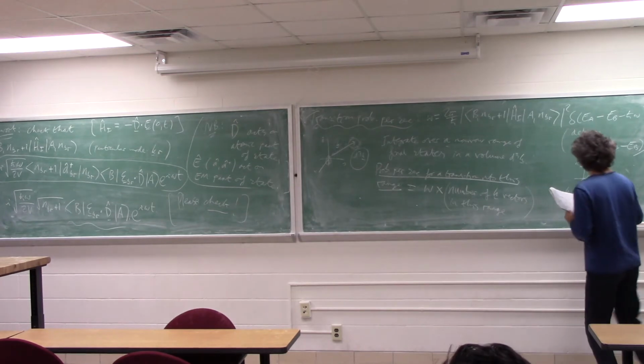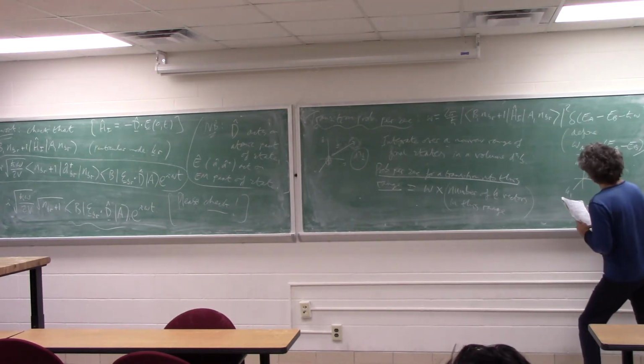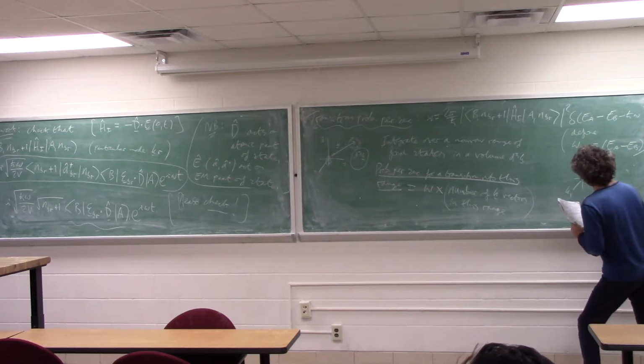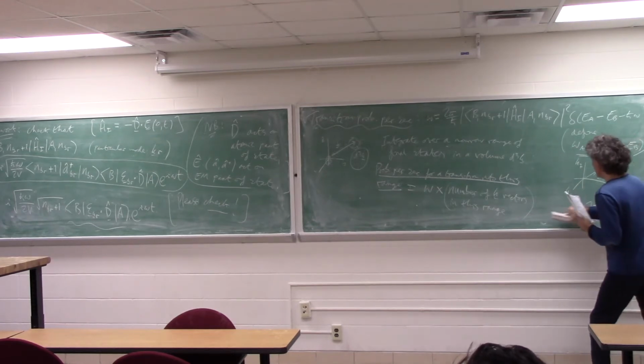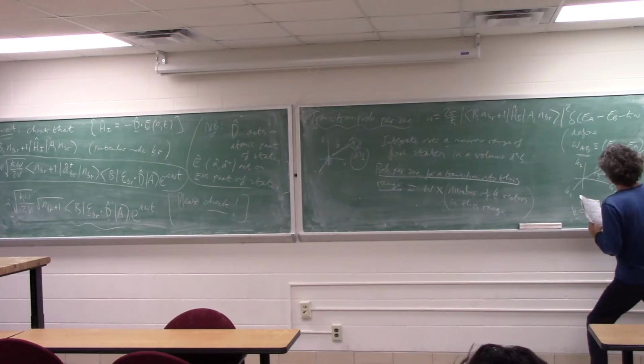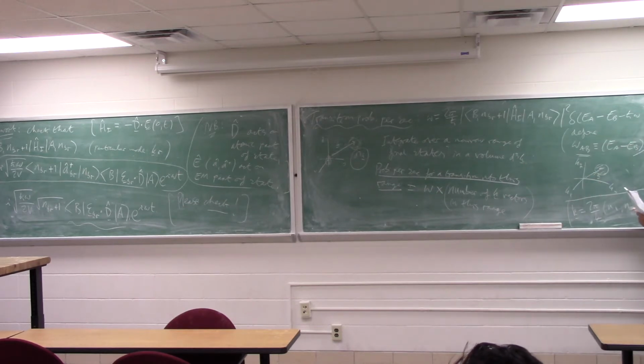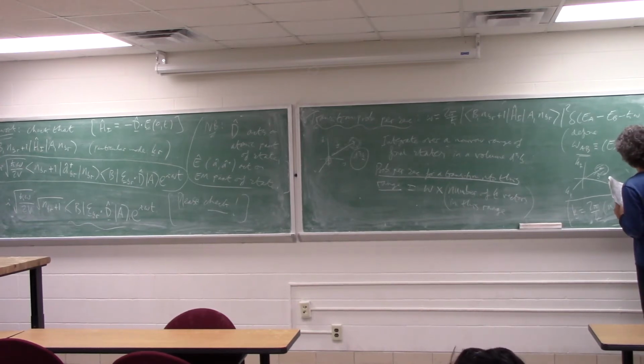Now remember, k is restricted to be, we wrote it, but was it nx or was it n1? I think we called it n1, n2, and n3. Anyway, there's a triplet of integers times 2 pi over L, where V is L cubed.